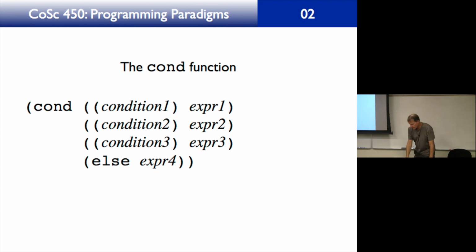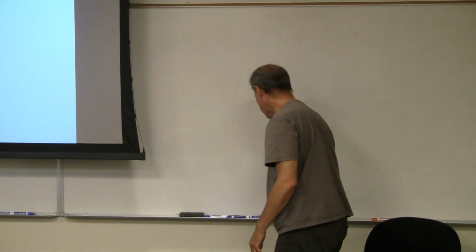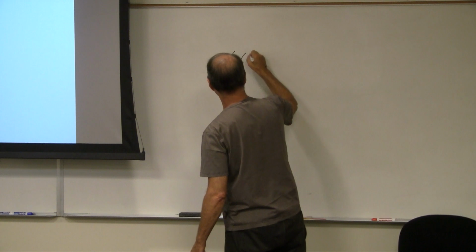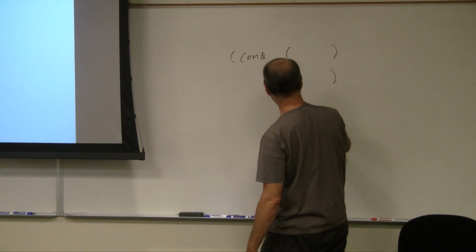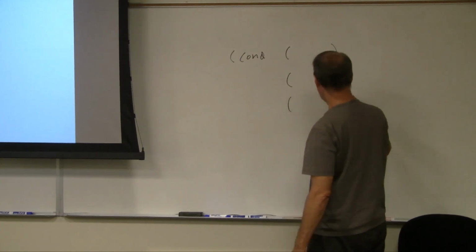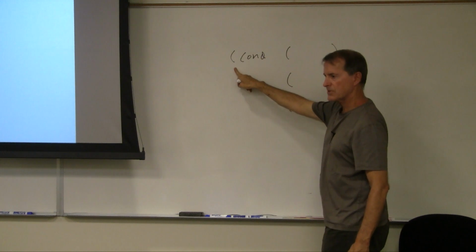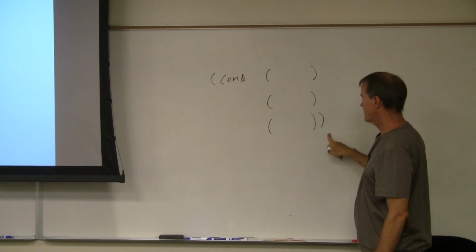Take a look at what COND takes as an argument. Does everybody see that this parenthesis matches this parenthesis? So basically we have a parenthesis, COND, and then several parentheses, and then this closes out this parenthesis. Is everybody with me on this?